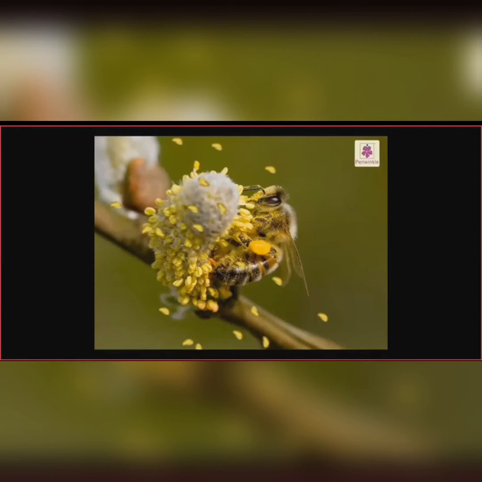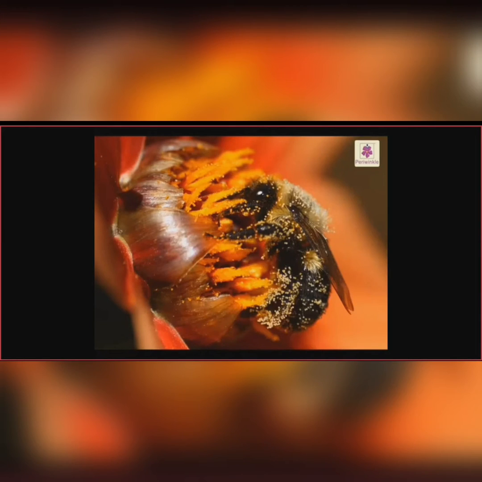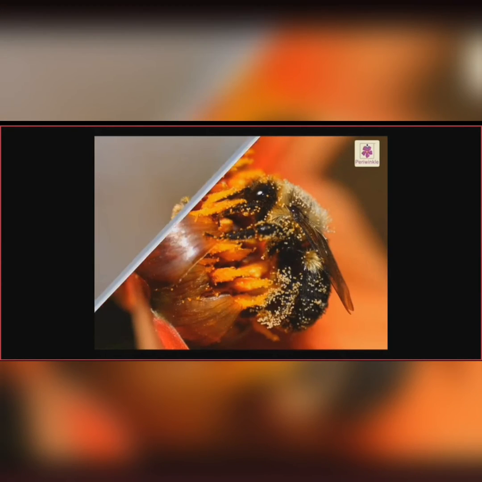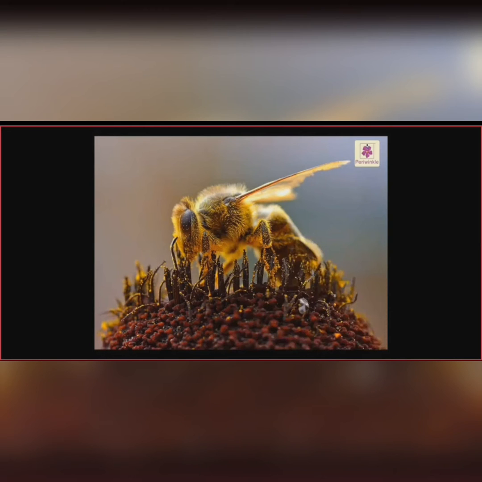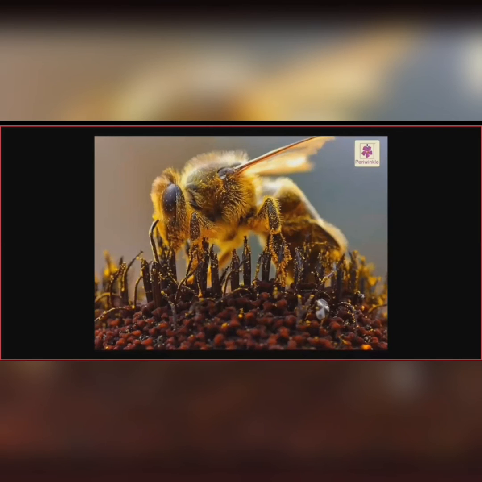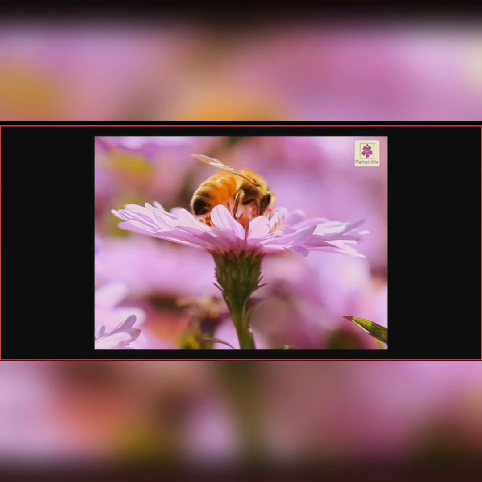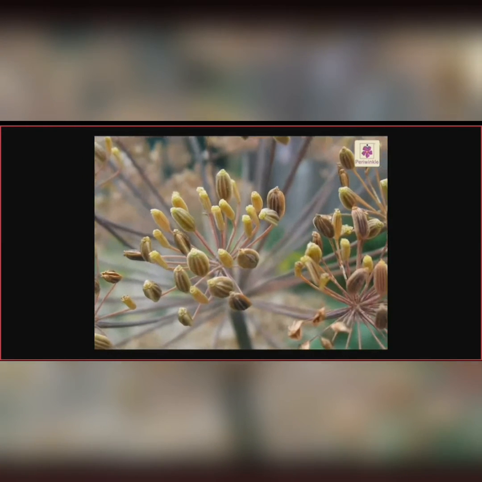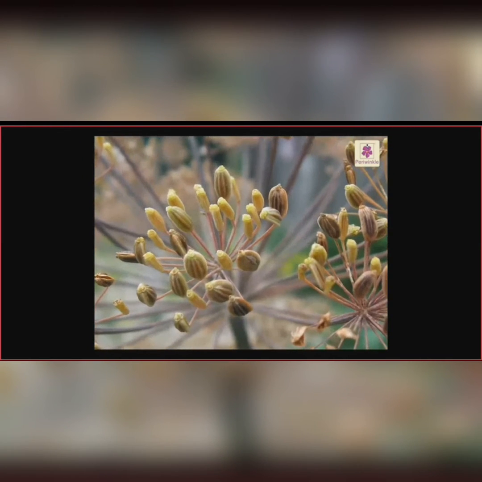As the insect lands on the flower to feed, its body gets brushed with pollen. When the insect visits another flower, the pollen from its body sticks to the stigma of the flower. The flower then gets pollinated. It can now begin to make seeds.